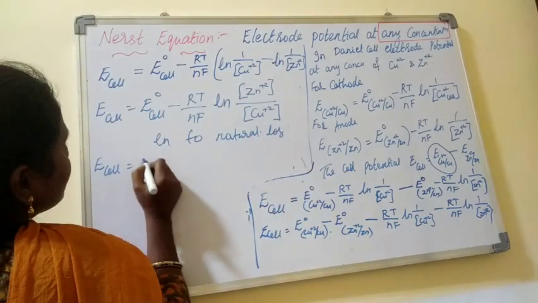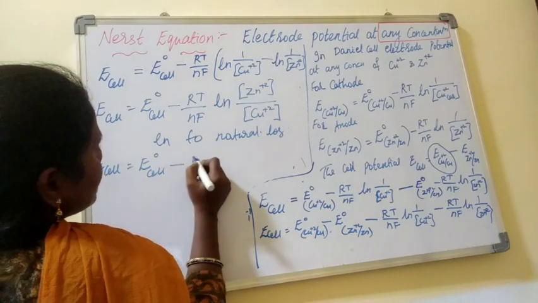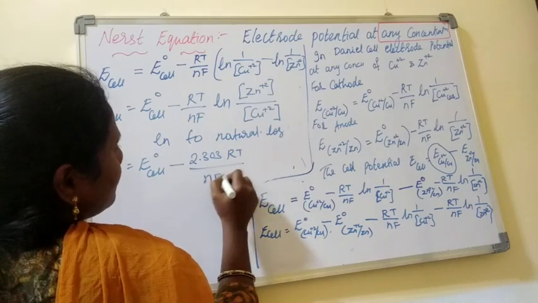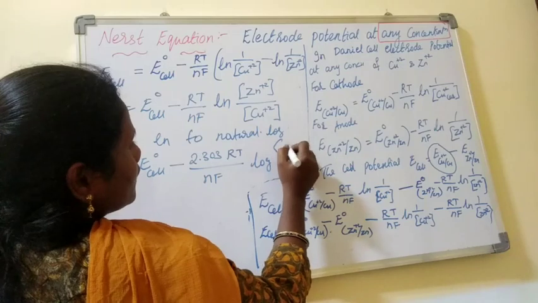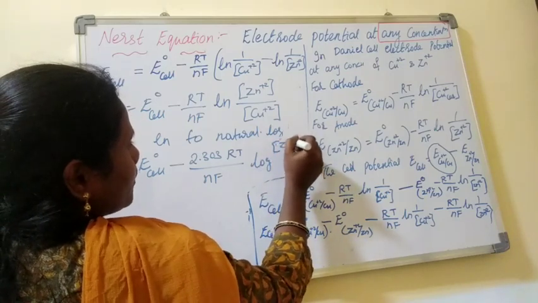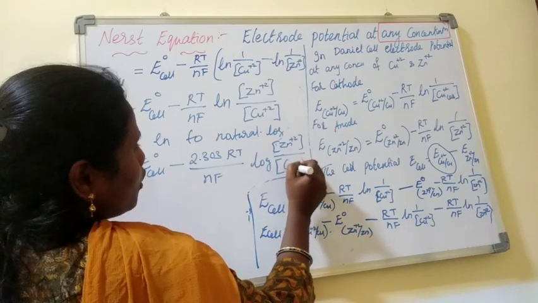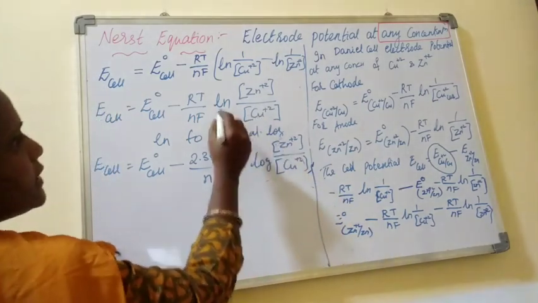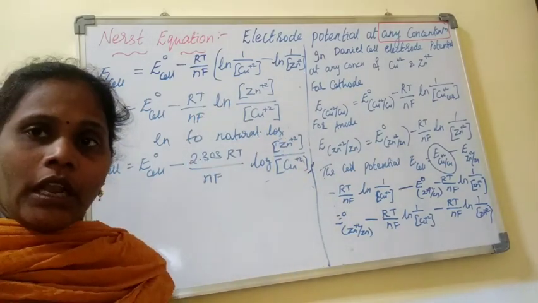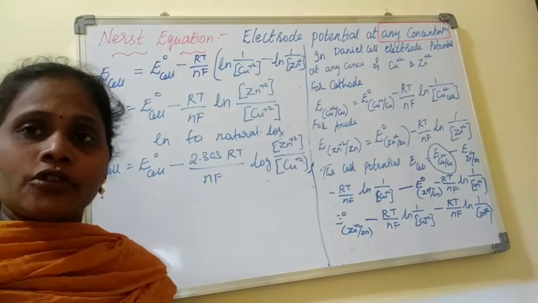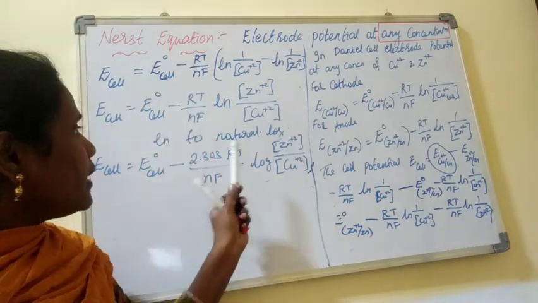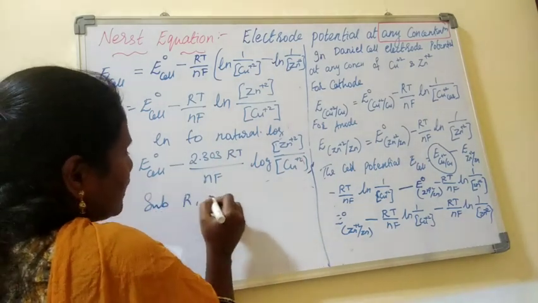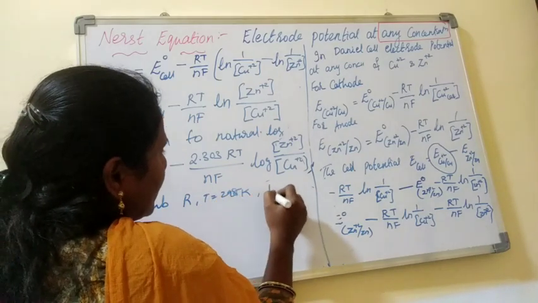E cell is equal to E naught cell minus 2.303 RT by NF log zinc plus 2 ions by copper plus 2 ions, isn't it? I have changed nothing, just changed the ln to log because it is easy for us to calculate. To convert ln to log, we need to write 2.303, right? Then substituting RT, with T equal to 298 Kelvin, and F the Faraday.